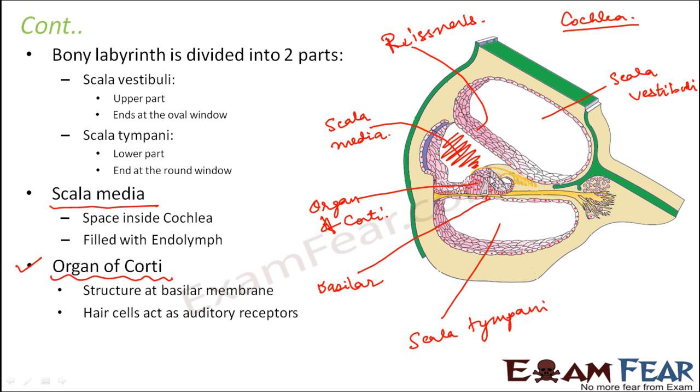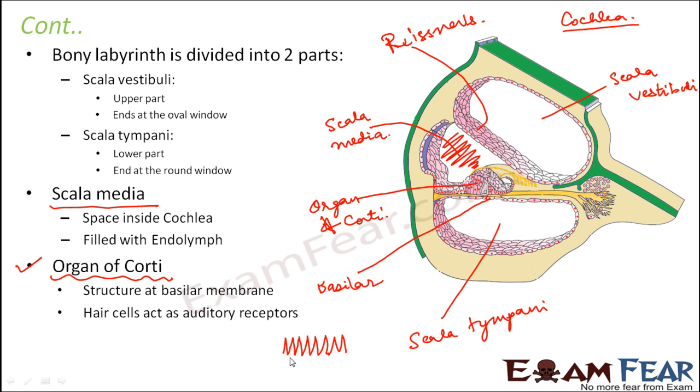Right? So now these hair cells, how are they organized? If you can see here, the hair cells are organized in rows on the internal side of the organ of Corti. And if you look at each hair cell, you will see that the basal end of the hair cell is in contact with an afferent nerve fiber. Let us suppose these are the hair cells inside the organ of Corti.